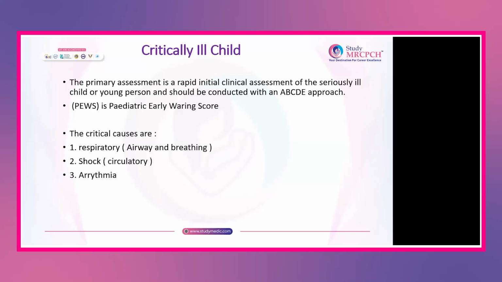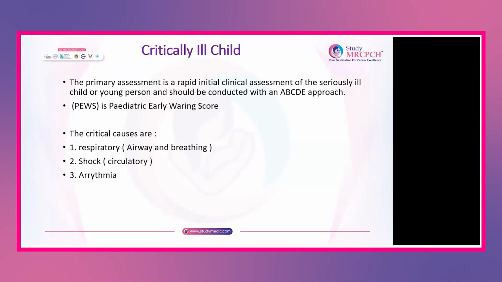If we see the appearance of the child, it will reflect the level of consciousness and the central nervous system. If we note the breathing effort and the sounds coming from the child, it goes with the respiratory part.